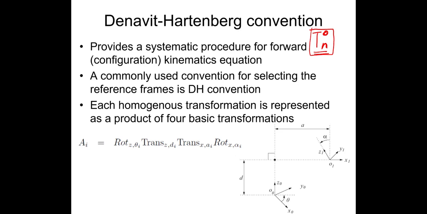For forward kinematics, we know all the theta 1, theta 2, theta 3 if they're all revolute joints with motors, or d1, d2, d3 if they're prismatic joints. So if we know all the joint variables, then what should be my final T, n, 0? T, n, 0 means the end effector in the world.